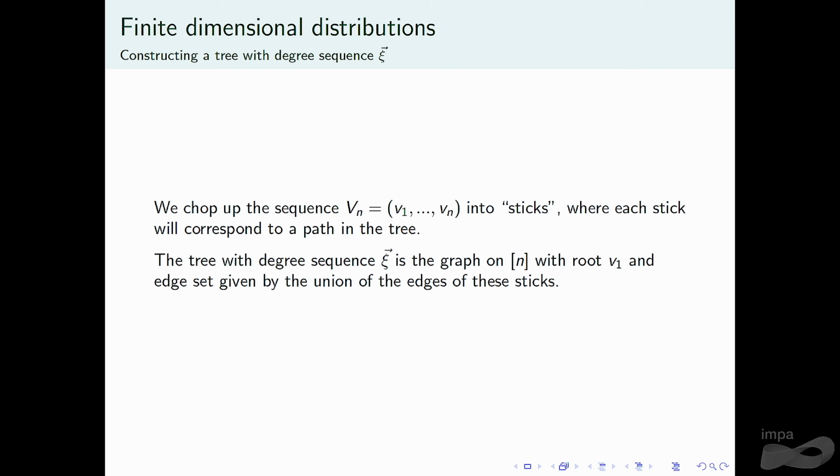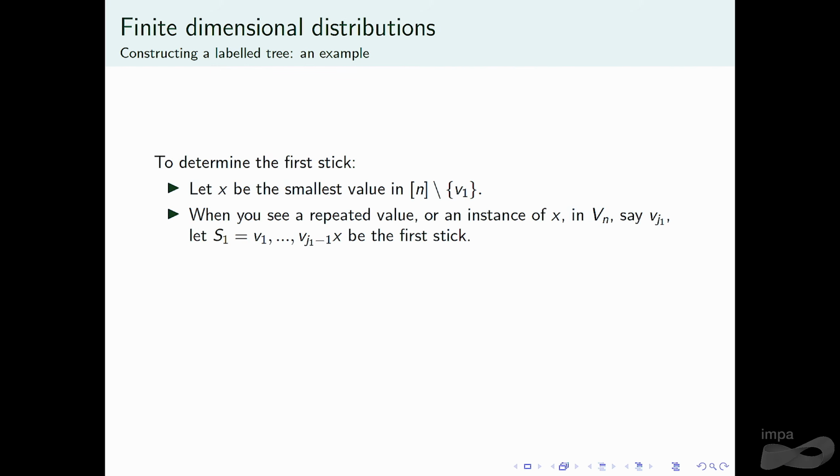For those of you who are familiar with the line-breaking construction of the CRT, this is a similar kind of idea, and in fact, in our work, we prove that it converges to that construction. Okay?